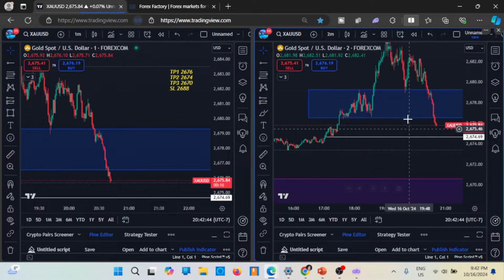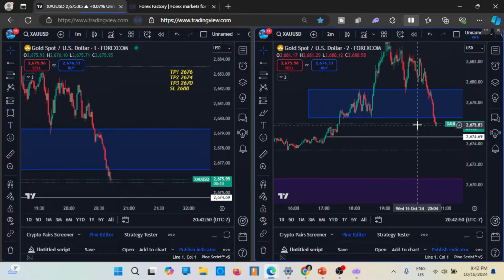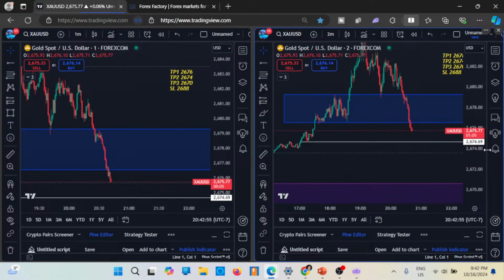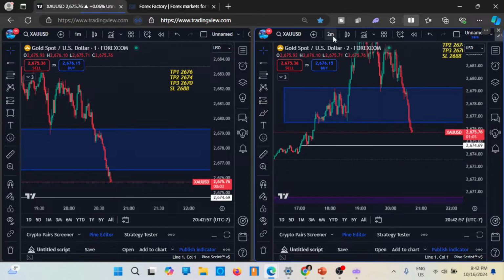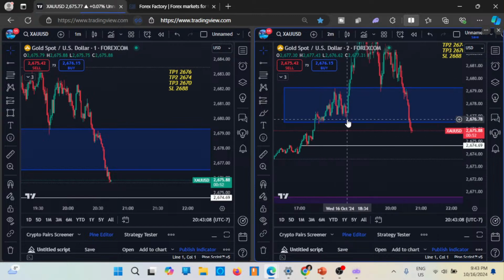The support levels could be on the 5 minute or the 1 minute, whichever support level is the closest to where the market is. That's usually where it's going to stop dropping. So you have to check all the time frames, start with a bigger time frame first, and then go all the way down to figure out where the price will actually hold.